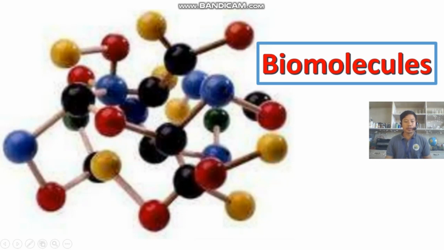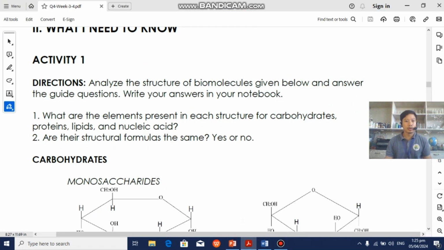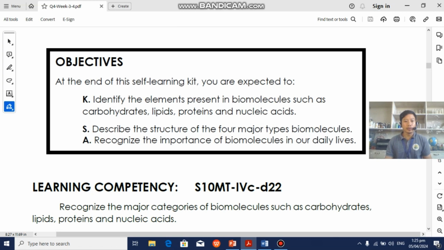So our objectives of this topic are, first, identify the elements present in the biomolecules such as carbohydrates, lipids, proteins, and nucleic acids. Second, you can describe the structure of the 4 major types of biomolecules.